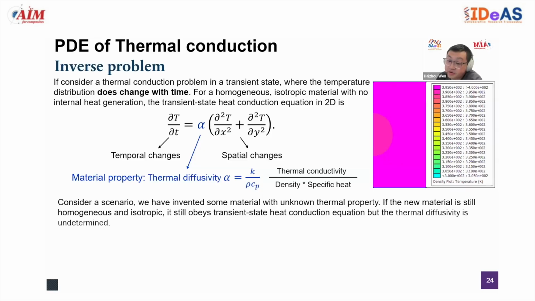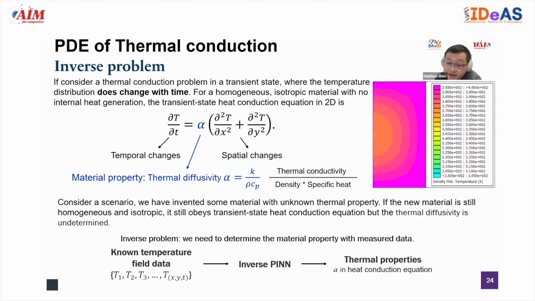If the material is still homogeneous and isotropic, it would still obey the heat conduction equation, but the thermal diffusivity is undetermined. So in an inverse problem, we have the known field data, or to say we have the measured data. We need to inversely find the correct material properties for this material.